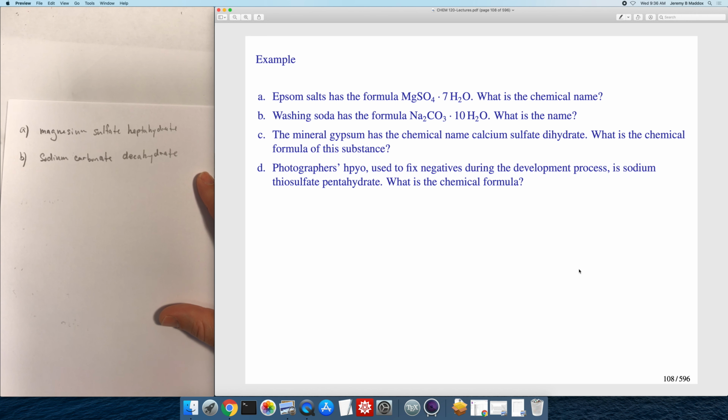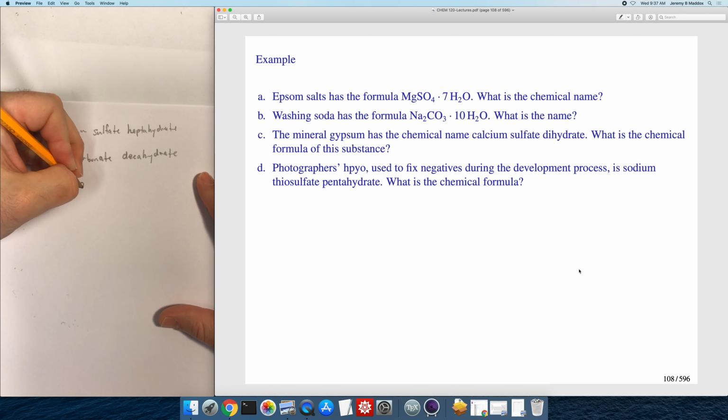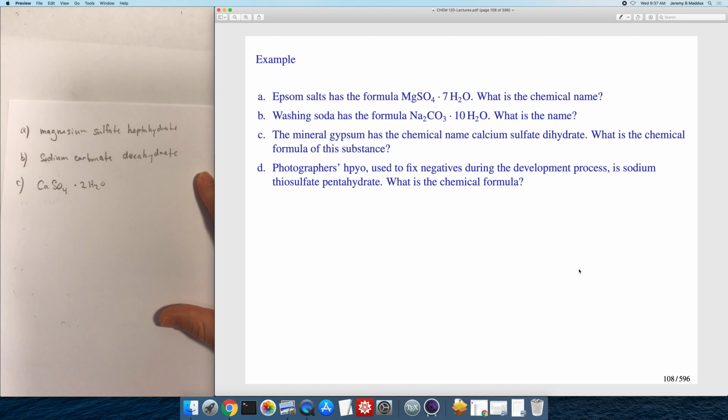For part C, gypsum, the name is calcium sulfate dihydrate, and so we would do calcium sulfate. Calcium's a +2 cation, sulfate's a -2 anion, dihydrate, 2H2O. For part D, sodium thiosulfate pentahydrate.